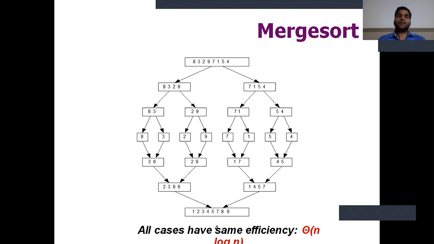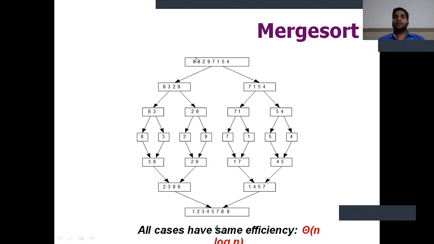An example of merge sort: if the given array elements are 8, 3, 2, 9, 7, 1, 5, 4, the array size is equal to 8.